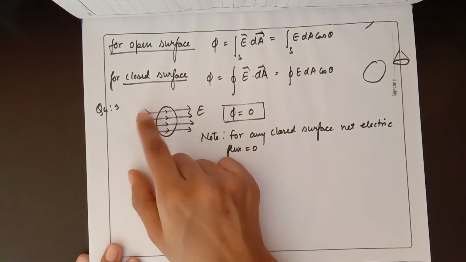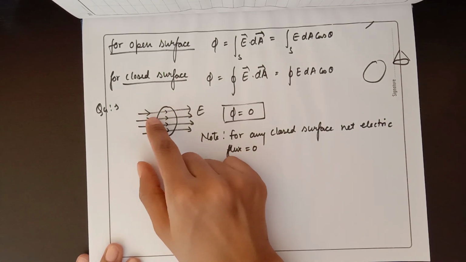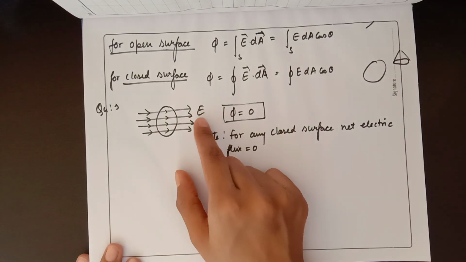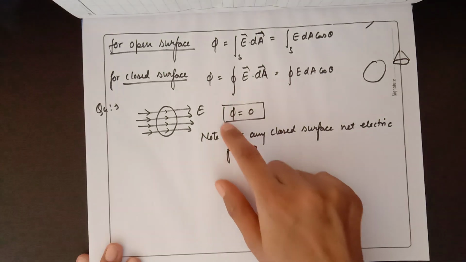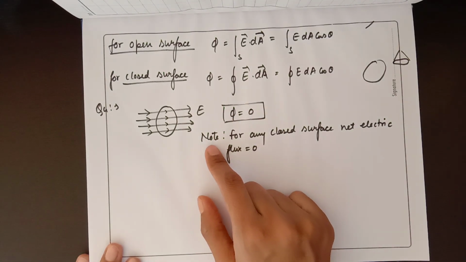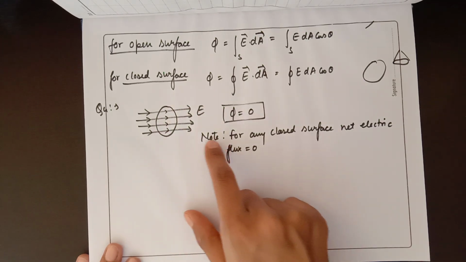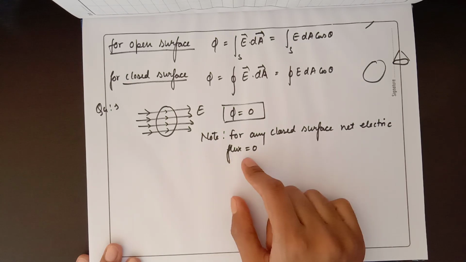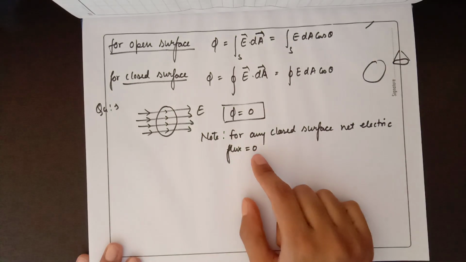Then you can see the number of electric field lines entering the body and the number of electric field lines leaving the body are the same. So net electric flux will be 0 for this body. So we can make a statement out of this question, that is, for any closed surface net electric flux is always 0.